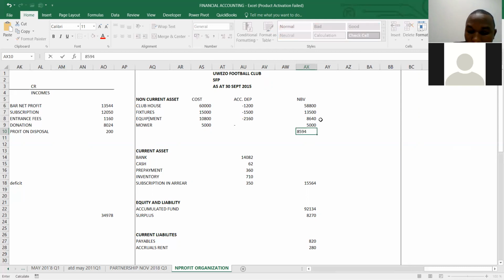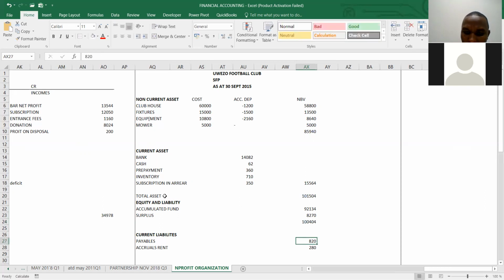So when we add the current asset, tutapata total asset hapo ya ngapi? 101,504. What about ukiongeza liability, 92,134 plus 8,270, itakuja ngapi? 100,404.